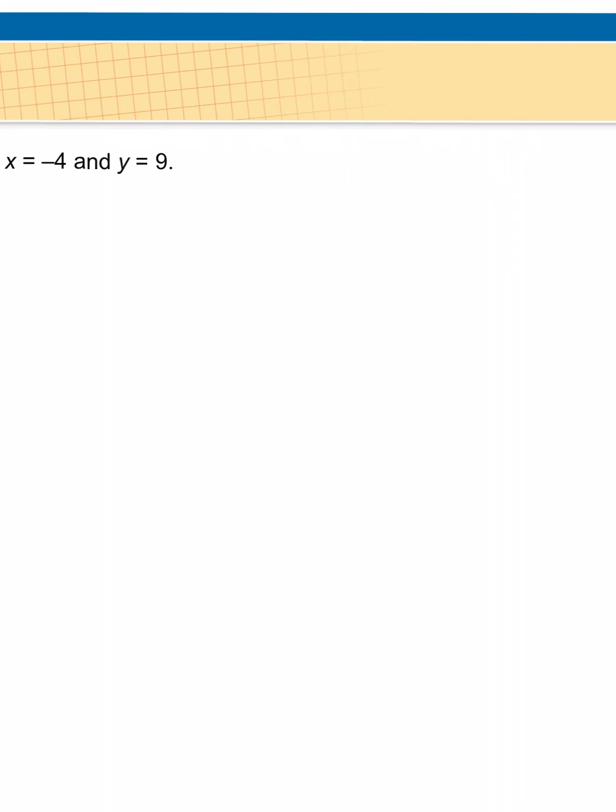So negative 3, what do we do with that negative 3? Keep it. What does x equal? Negative 4. What does y equal? 9. Now we need to solve. What do we do first?